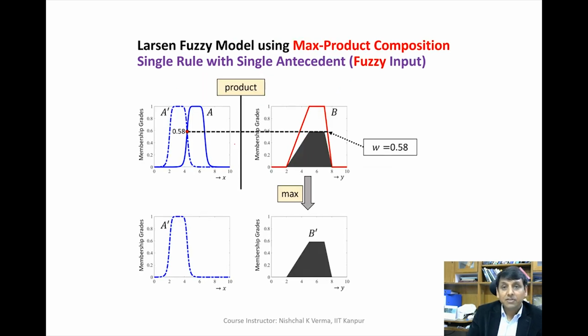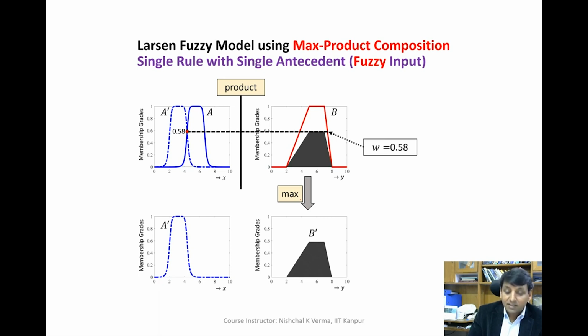Now let us take the max product composition here. Max product composition is going to give us the same result because we have only one rule, the single rule. Whether we take min or product, since we have a single antecedent, product or min are not going to play any role.